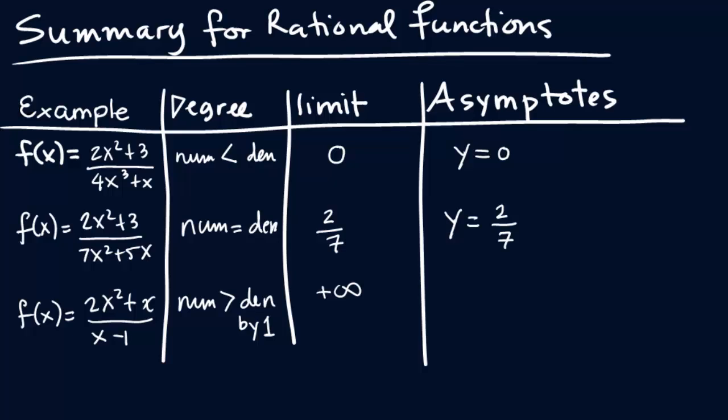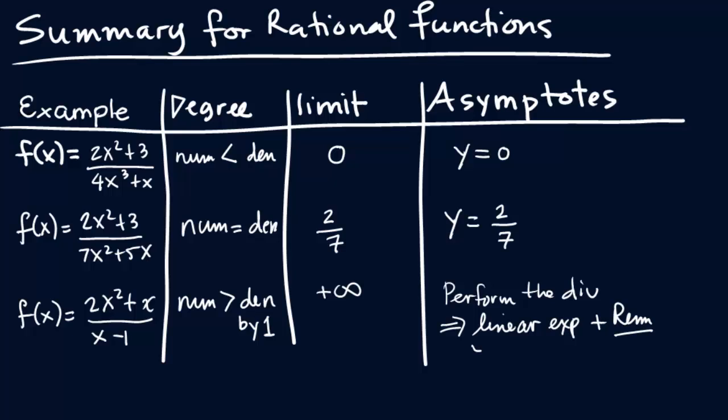So in this case, to get the asymptote, we have to perform the division first. Perform the division, and what you will obtain is a linear expression, plus the remainder.